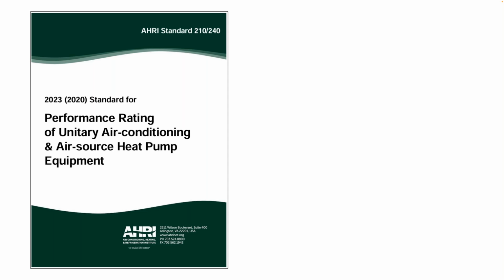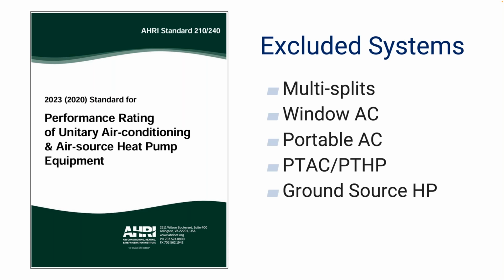So that's any air conditioner or heat pump that's rated with a SEER2 and HSPF2 value. Anything else is not covered in this addendum, but we do hope to cover more technologies in future addenda. Some examples of systems that are not included are multi-splits, window air conditioning, portable air conditioning, package terminal air conditioning, package terminal heat pumps, and ground source heat pumps.